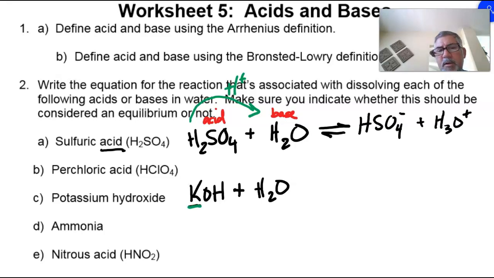It's a spectator, so I can ignore that in the equation. Right? So for this one, this is my base. This is my acid. And my hydrogen is going to go that way. Okay?